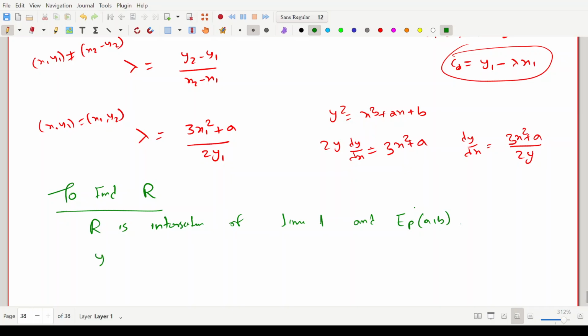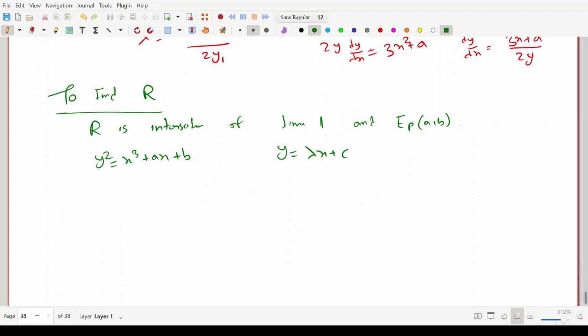Actually, EPAB is y square equal to x cube plus ax plus b. And what is your line? I got my line y equal to lambda x plus c. So if we substitute it here, we'll be having lambda x plus c the whole square is equal to x cube plus ax plus b. Okay.